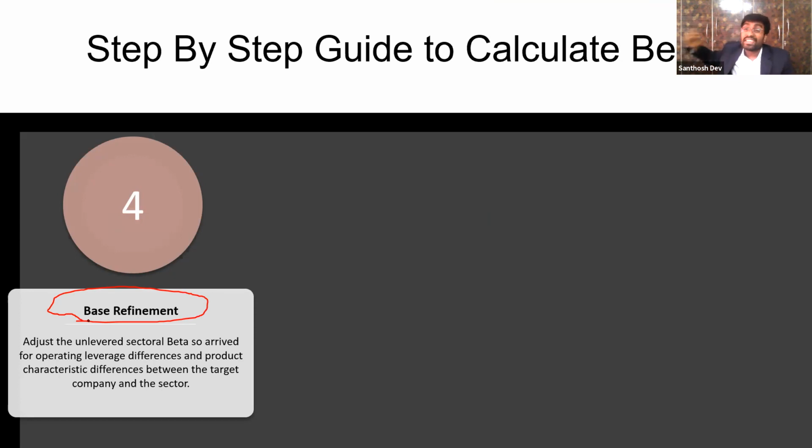Over and above that, there is a risk, because inherently that risk is there. If I'm investing in one golden egg, instead of investing in a basket of eggs, obviously there will be an extra risk. If I perceive it to be an extra risk and if I want a return for it, that is the risk that we are talking about in alpha, not the difference between the base characteristics of my company's product or services and the basket's product or services.